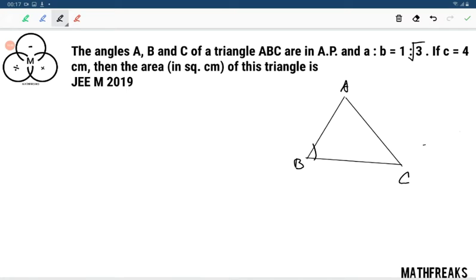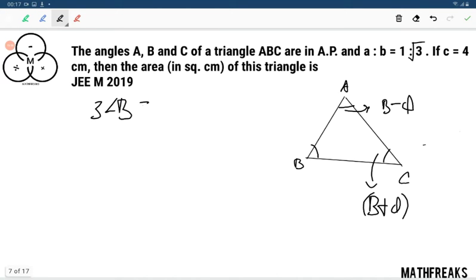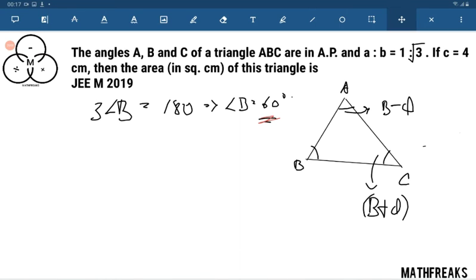If this angle is B, then this angle is B minus D, and this angle is B plus D. Then they will be in AP. Thrice of angle B equals 180, so angle B equals 60 degrees. This is the first thing we can infer from the first data.